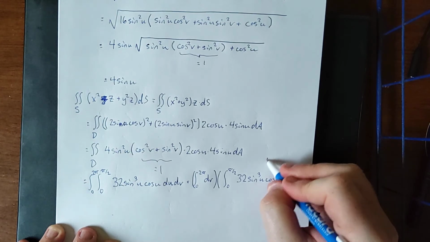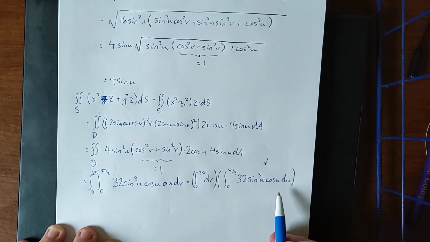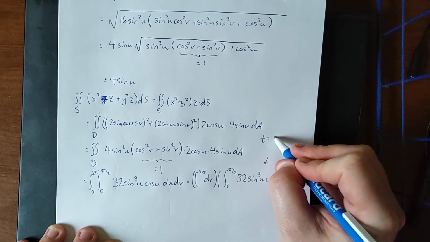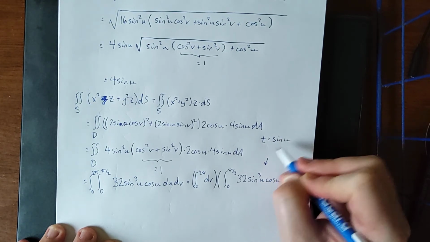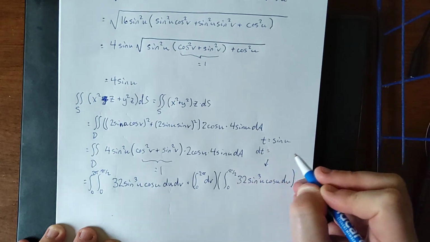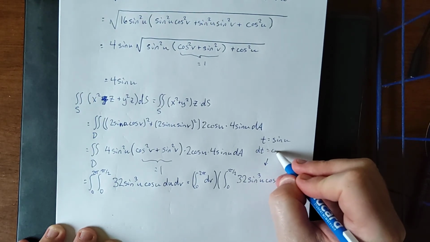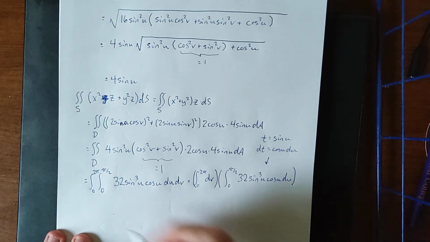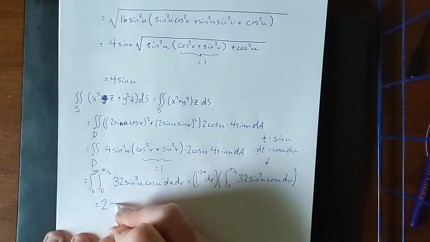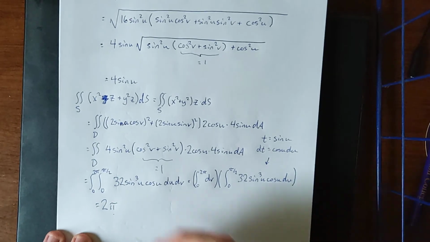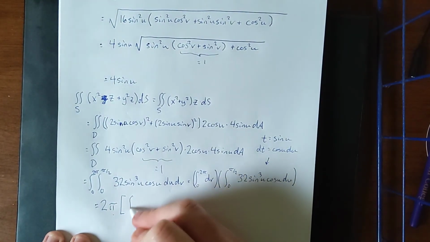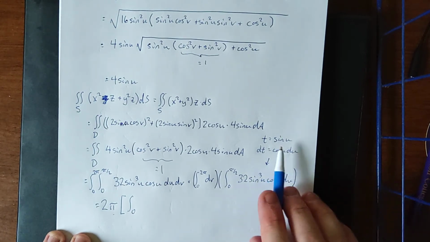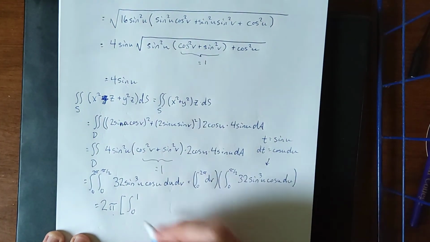Now this one's going to require the use of substitution. Normally I would say u substitution, but delightfully ironic, we're already using u in here. If we let t be equal to the sine of u, then dt will be equal to the cosine of u du, which we have conveniently placed into the problem. The first integral is simply going to give us 2 pi, since that's what you get when you integrate 1. The other integral is going to be from lower bound of sine of 0 is 0, and sine of pi over 2 is going to be 1.